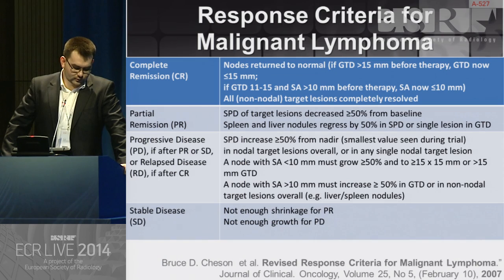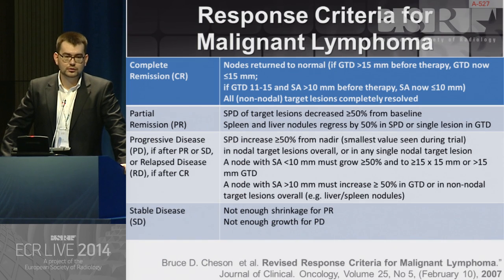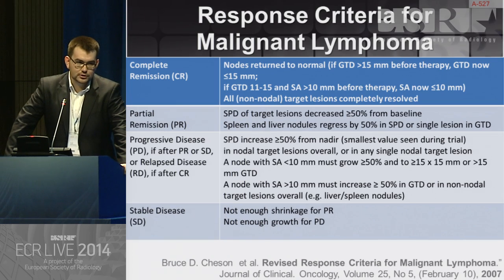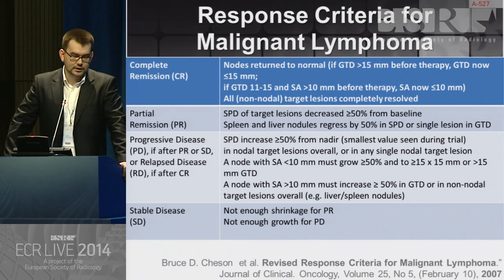Extranodal sites of involvement can be difficult to detect by unenhanced CT. Bone marrow involvement by CT is usually detected only on lytic lesions.